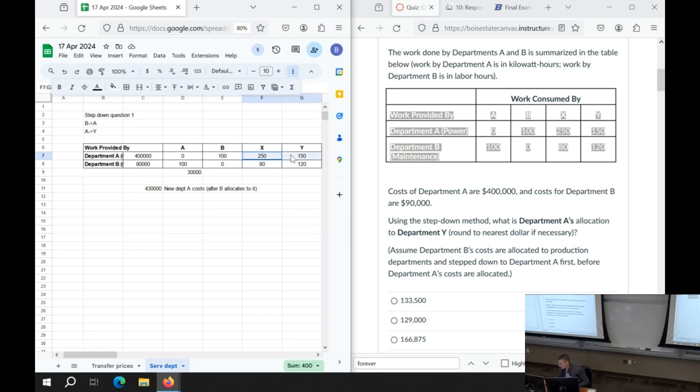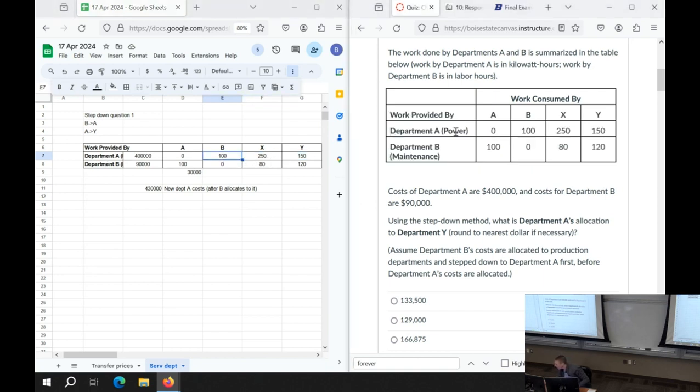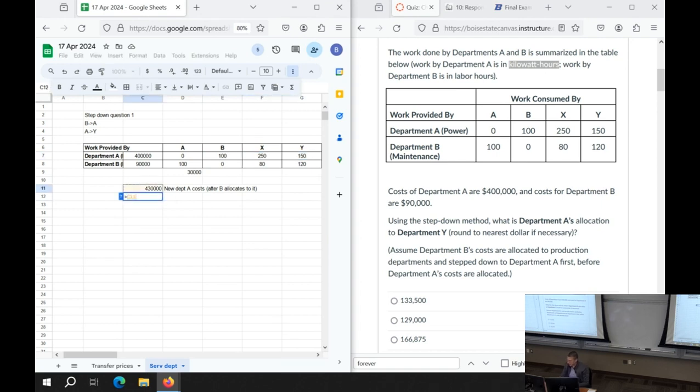So we're going to refigure these numbers. We're going to figure percentages based on just production departments here, excluding this 100 kilowatt hours of power done to B. We're going to act like that didn't happen. So instead, we're going to say Y consumed 150 kilowatt hours out of the 400 kilowatt hours we're pretending are the entirety of Department A's work.